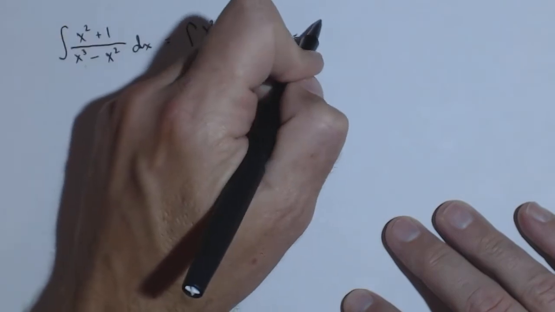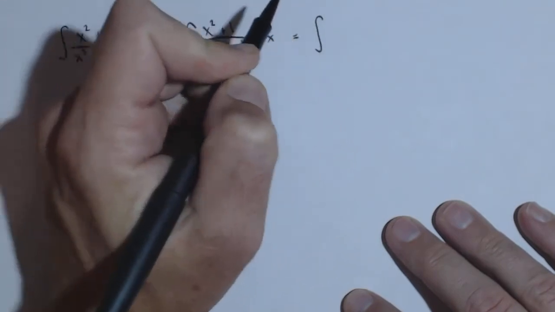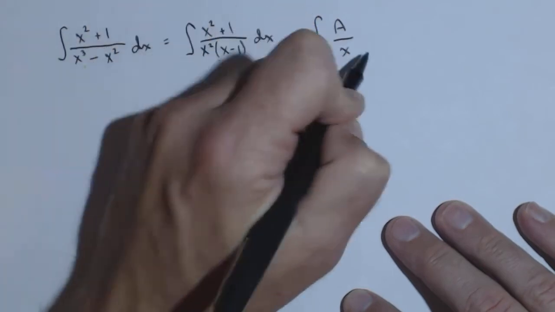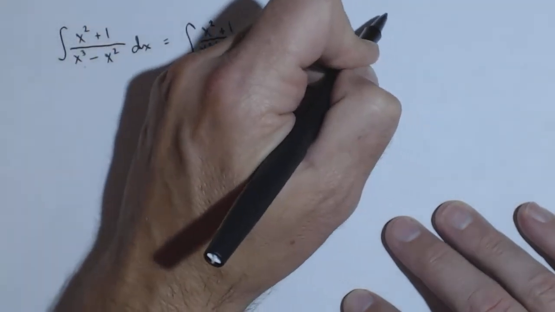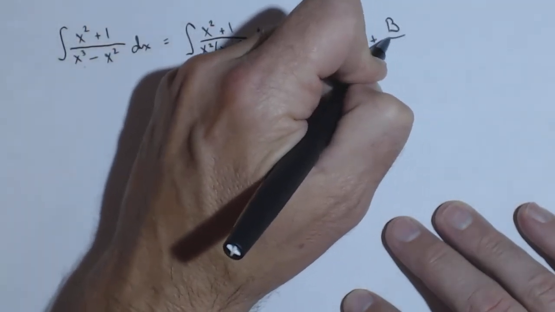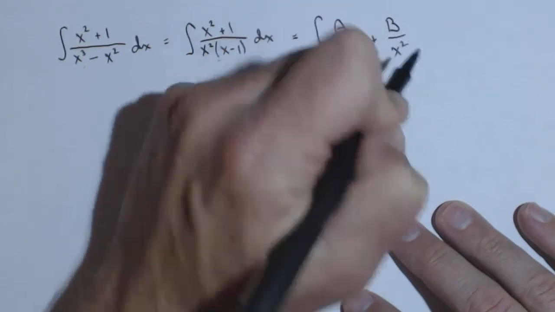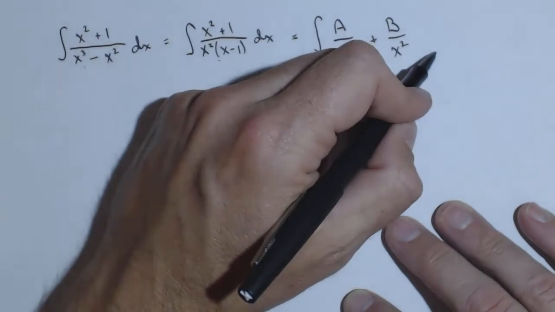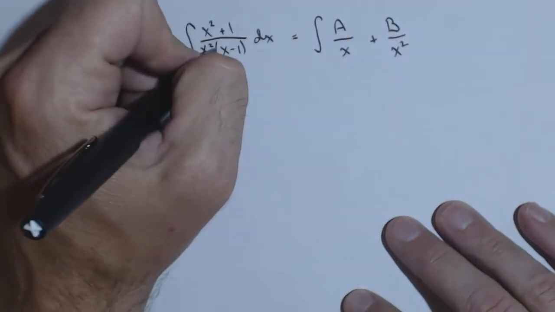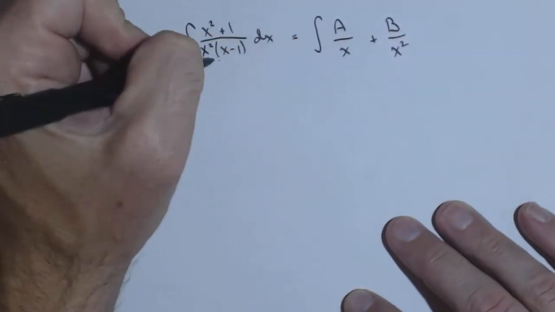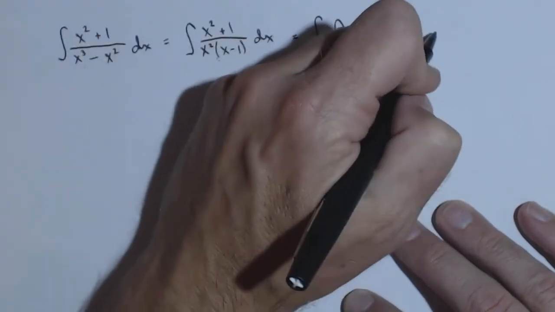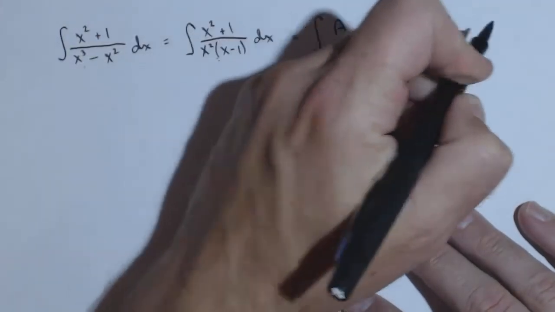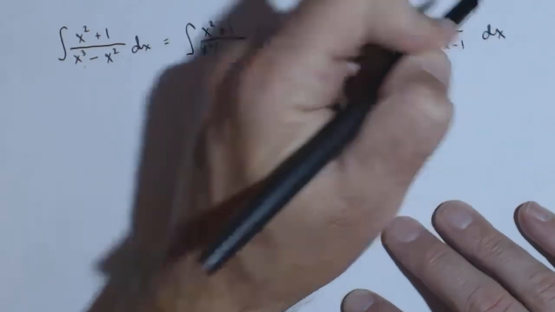When we go to rewrite this, we can write A over just the linear factor of x, but then I'm going to have to put something over the repeated factor, B over x squared. If this had been an x cubed, I would do C over x cubed, and so on and so forth. So you do that for any repeated factor. Now for x minus 1, we'll have C over x minus 1 dx.